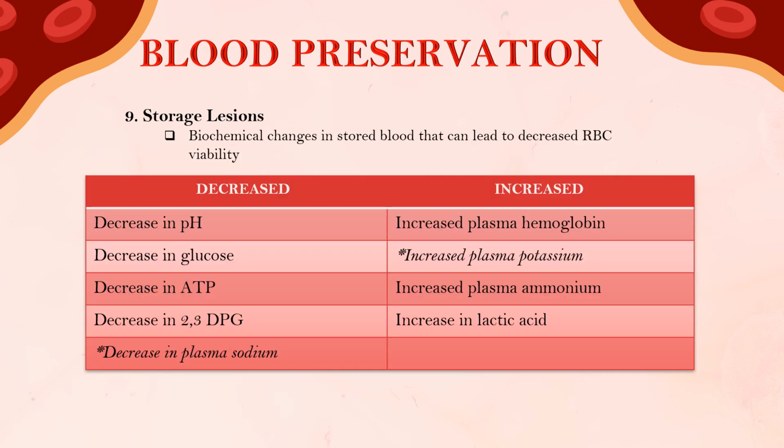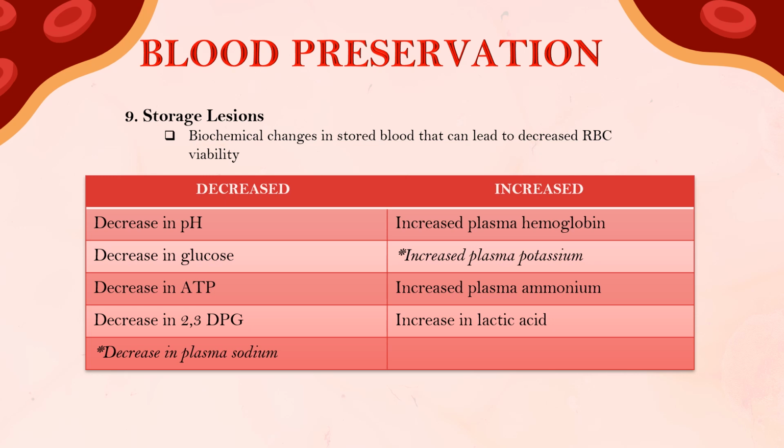Next, your storage lesions. This happens when your stored blood and blood products undergo biochemical changes, most particularly with the substances and the factors that are highly essential to their viability. So what causes your storage lesions?